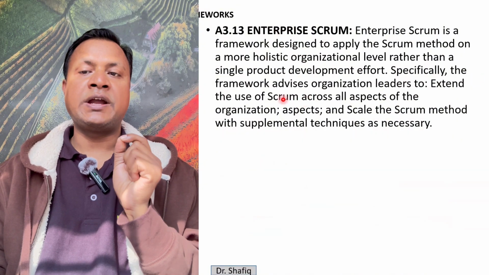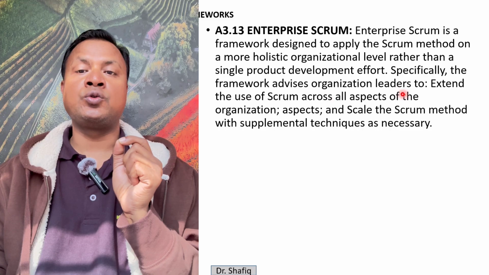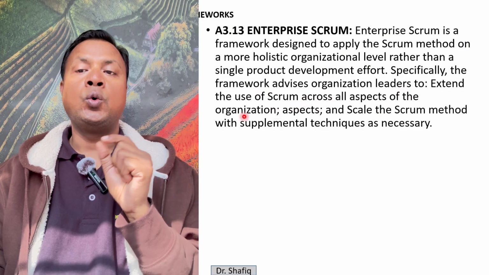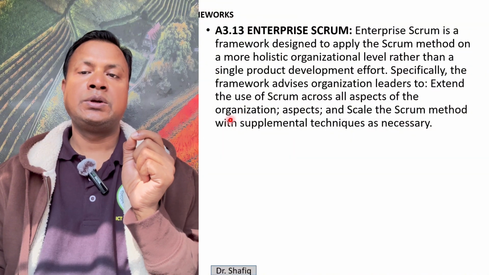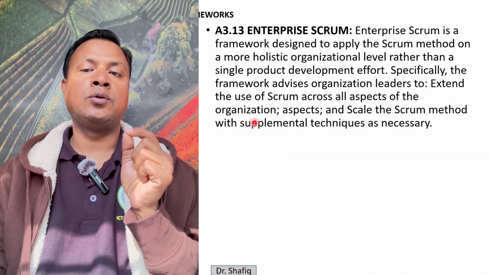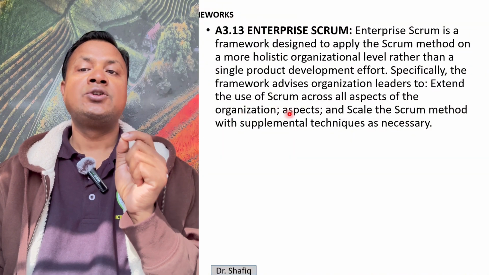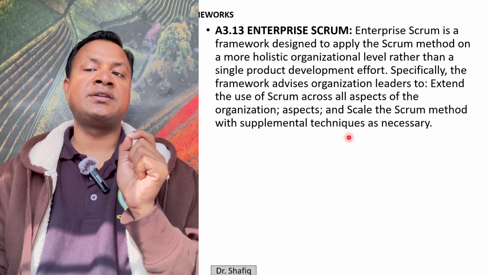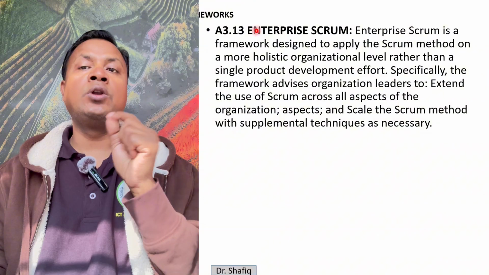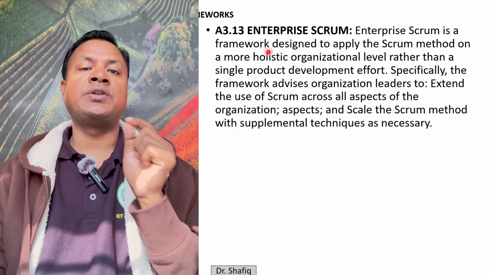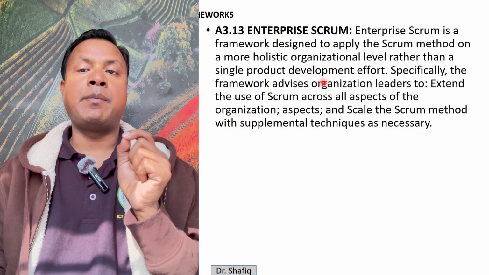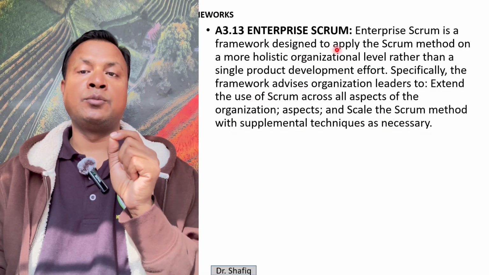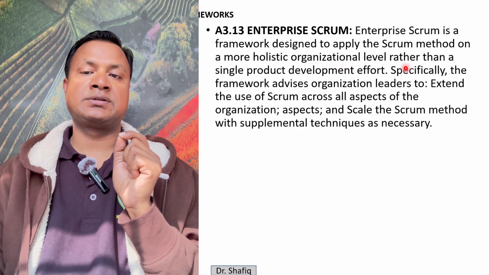Especially, the framework advises organization leaders to extend the use of Scrum across all aspects of the organization, all aspects of the enterprise, all aspects of the company or institution. And to scale the Scrum method, supplemental techniques are necessary. So each component of the enterprise or organization is covered by the Scrum system. That's why it's called enterprise Scrum. It works at a holistic organizational level.